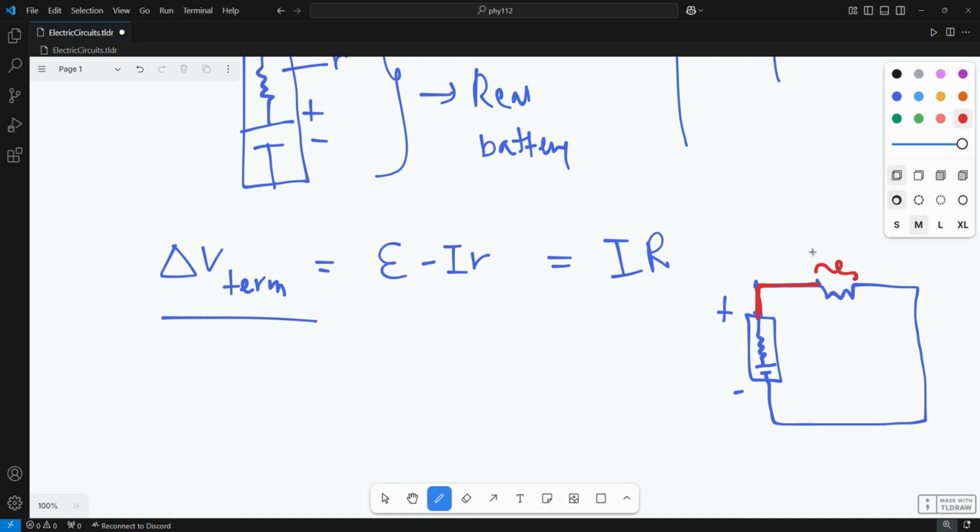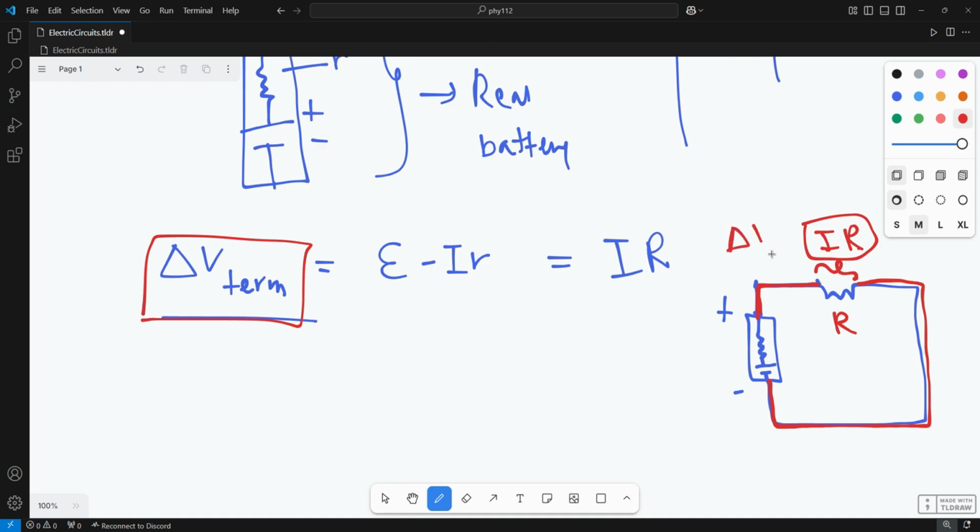Here a potential drop occurs, which is equivalent to I times R, where R is the resistance of this resistor. Then the potential difference stays the same up to this part. So the V term of this circuit, which contains a real battery, is I times R. So we can say delta V term is equal to I times R.